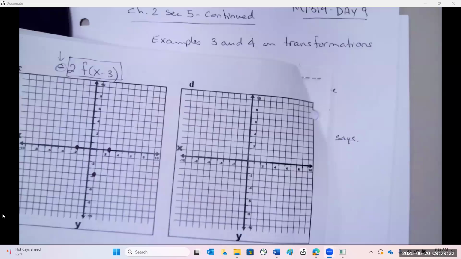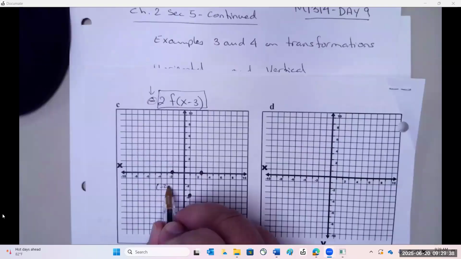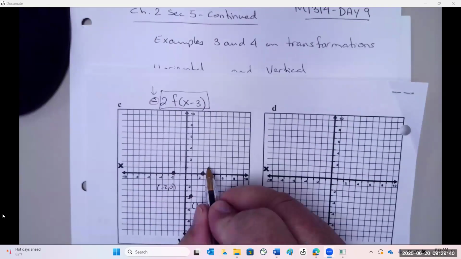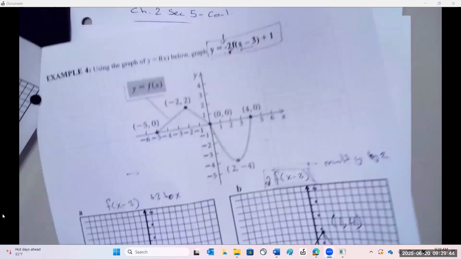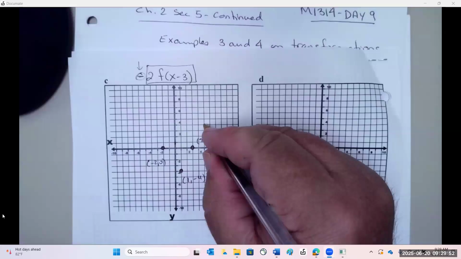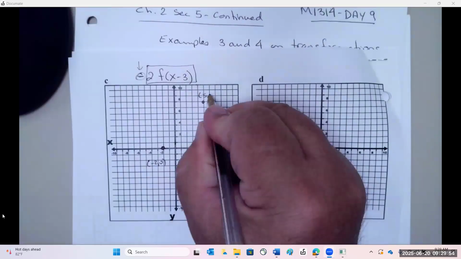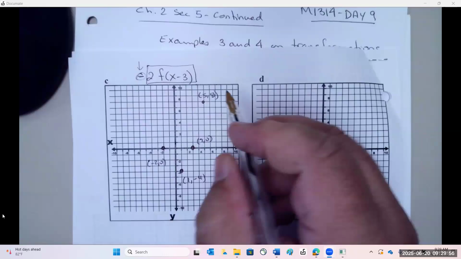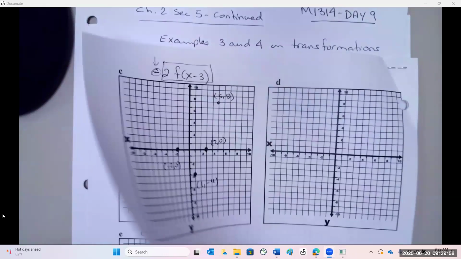This one becomes 1, -4. This one stays the same, 2, 0. The next point was at 5, -8. It becomes what? 5 positive 8. So at 5, we go up 8. And the last one was at 7, 0. It stays at 7, 0.